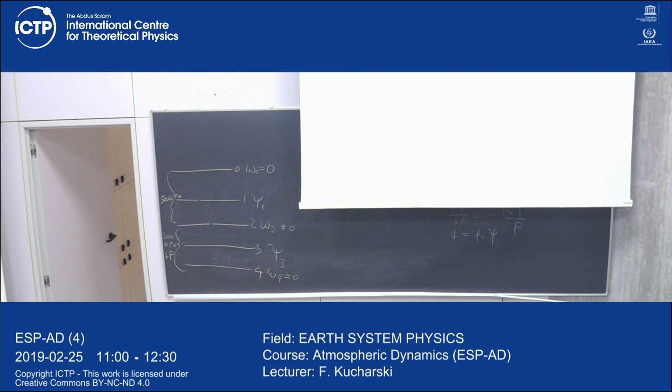And then we make some more abbreviations. We want to define a mean advection velocity, which is the mean velocity between the two levels. And we define a thermal advection velocity, which is the difference of the wind between the two levels.